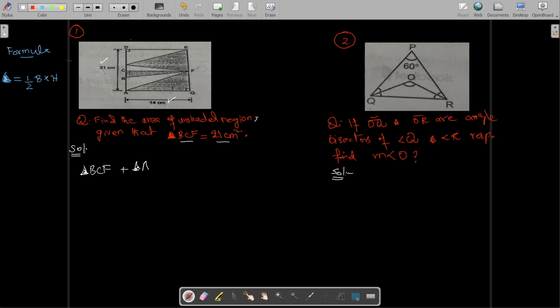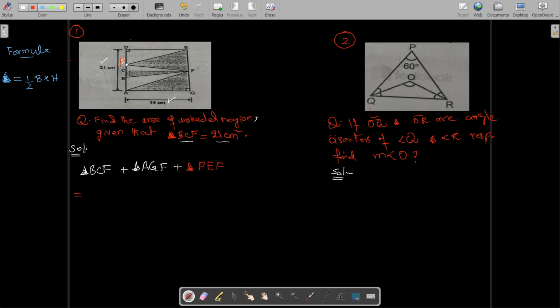The third triangle has an unknown point, so let's call it P. The third triangle is triangle PEF. We will compute these three areas and add them.